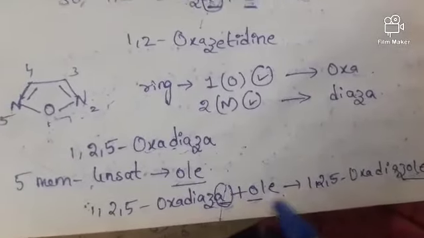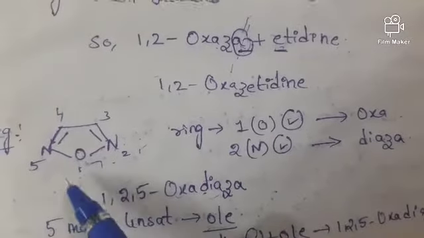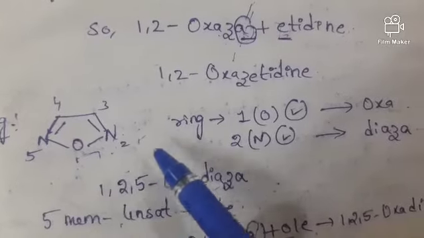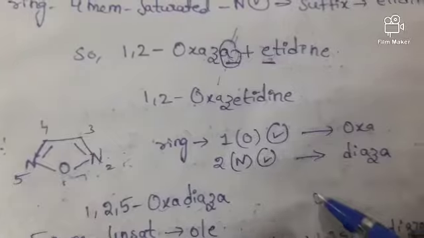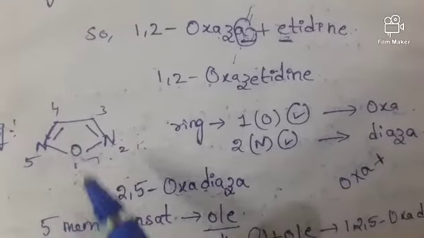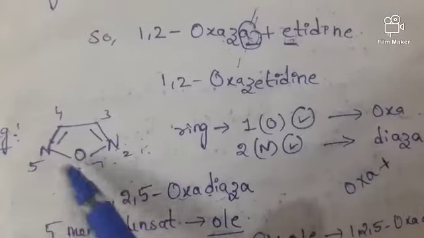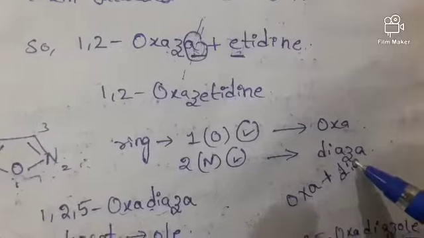Diazole. You may get doubt while writing the prefix, because here we have oxygen and nitrogen. For oxygen we have to use oxa. For nitrogen we have to use aza as prefix. Here we have two nitrogens, that's why we should use diaza.